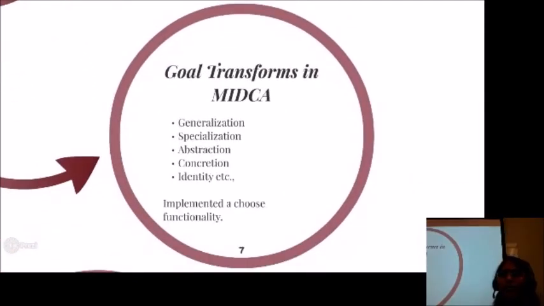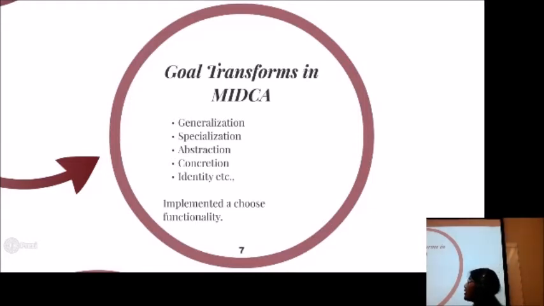So how do we perform goal transformations in MIDCA? We do things on changes with the predicates and the objects in order to do the goal transformations. These are some of the things which we have implemented till now. There are many more things yet to do.